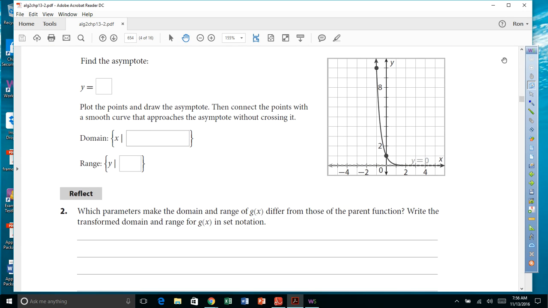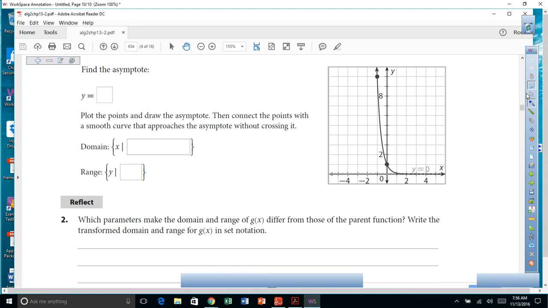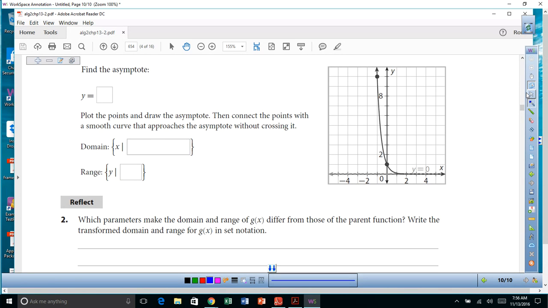Find the asymptote. Okay, the asymptote is K. So we have y equals 8. So let's just draw that.